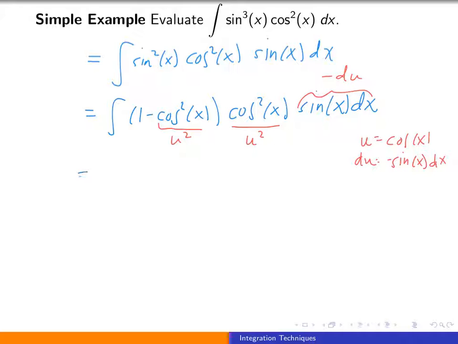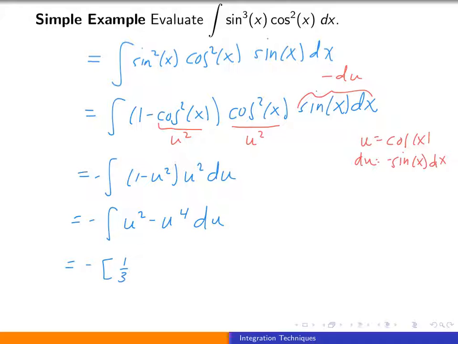So converting solely in terms of u's, we have a minus sign coming from that du. Then we have 1 minus u squared times u squared du. And now this gives us an integral that only contains powers of u's, which is extremely reasonable for us to evaluate. So minus, and then we'll have 1/3 u cubed minus 1/5 u to the 5th plus c.